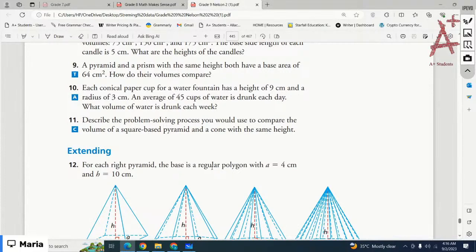Describe the volume problem solving process you would use to compare the volume of a square based pyramid and a cone with the same height.